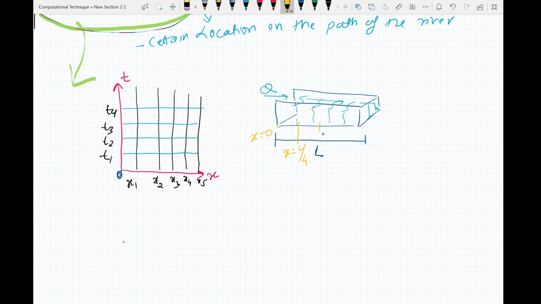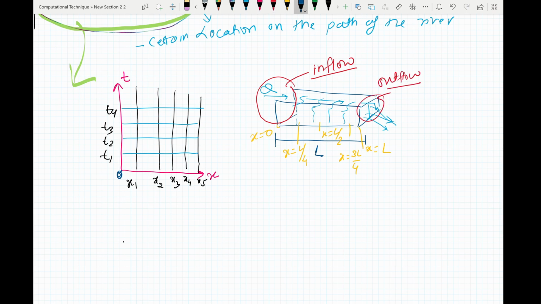Here x equals L by 2, x equals 3L by 4, and at the end x equals L. Now this region here where you can observe water flowing in is known as your inflow, and here your water will exit. This location here is known as outflow. Once you know the inflow, which is the initial condition, the target here is to find our outflow at the length L. So our outflow Q at L at a certain time t equals what?